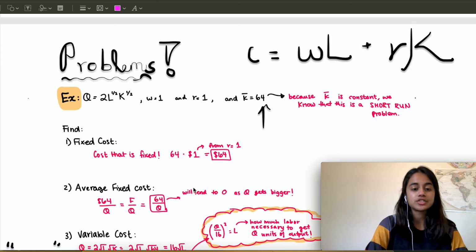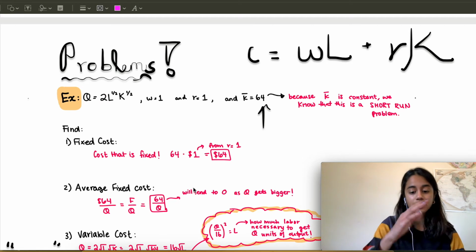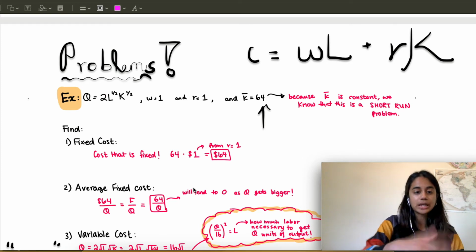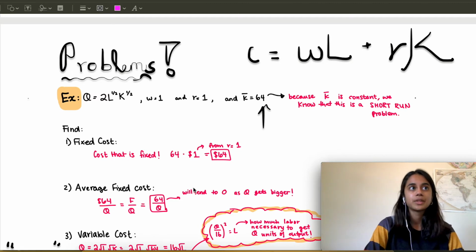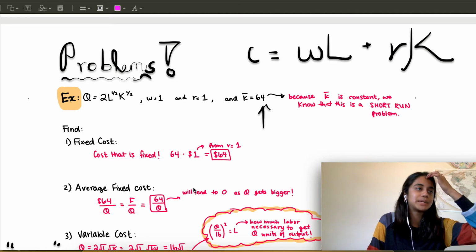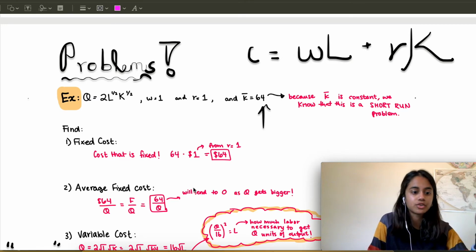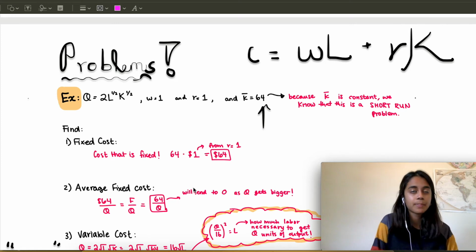Average fixed cost, what you do here is just divide it by the quantity that is produced. If you look back at my other videos, I talked about it in a graph: as you keep increasing the quantity, your fixed cost gets distributed. So if, let's say, a pizza costs $10 and you're distributing it amongst 2, where 2 is our quantity, that's $5 each.